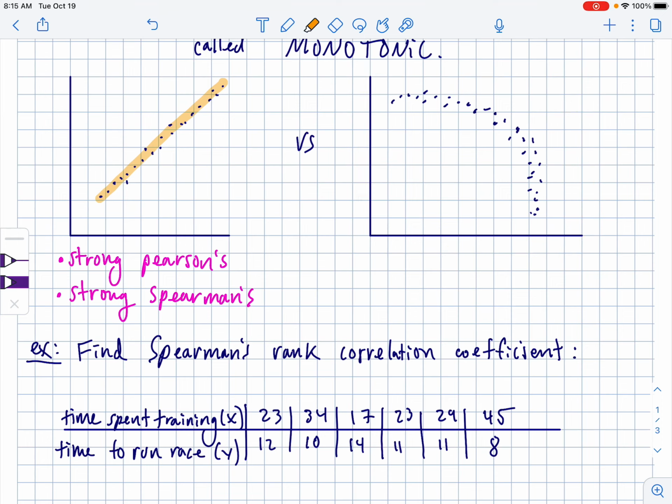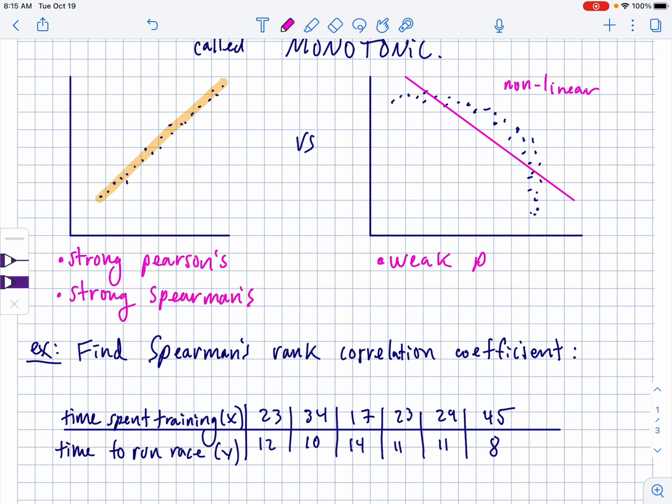Now this second graph over here is not linear. It doesn't make a nice straight line, but it does have a nice correlation to it. It's a curved correlation, like an exponential or something like that. If you tried to fit a line of best fit to this, you could do it, and it would be something like this, but it's not very good.